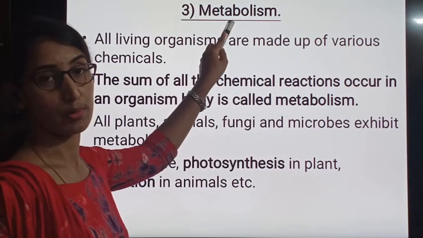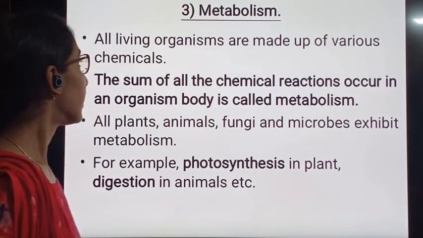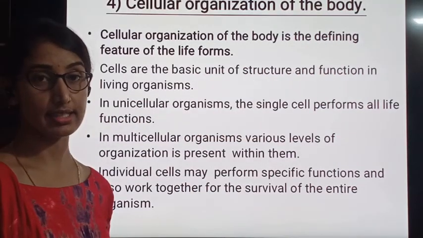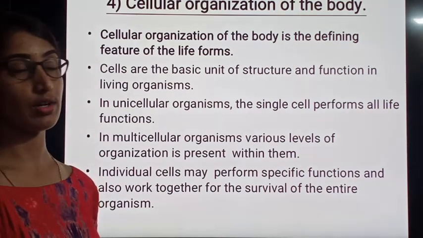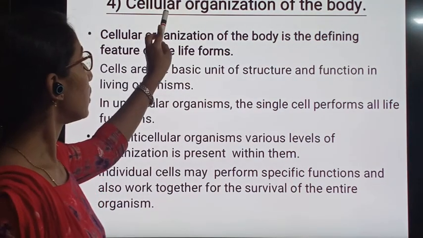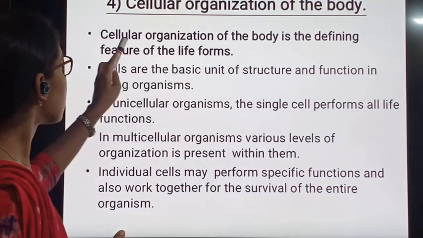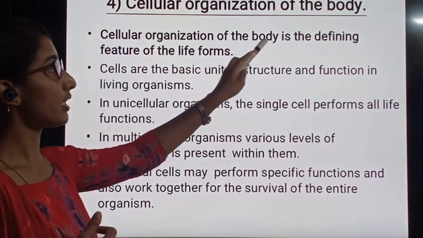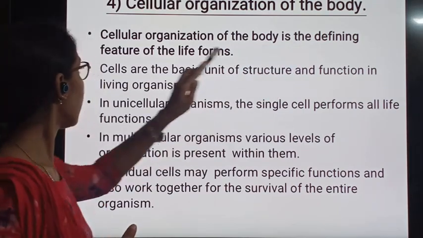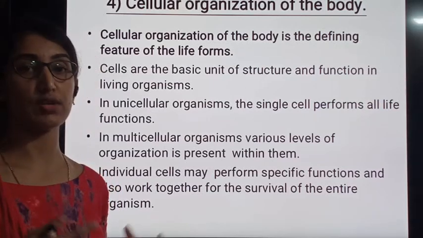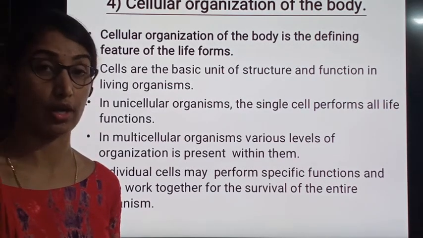Next, the fourth living characteristic that can be observed in living organisms is cellular organization of the body. Cellular organization of the body is the defining feature of life forms. Defining feature means what?